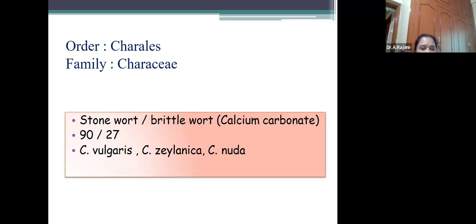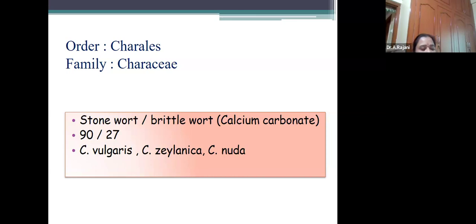Before the explanation of Chara, here is some introduction. Some important points are there. Chara has other names also: stonewort and brittlewort.